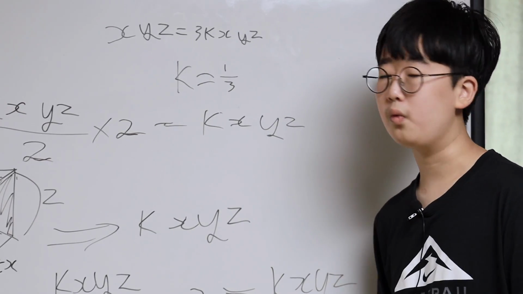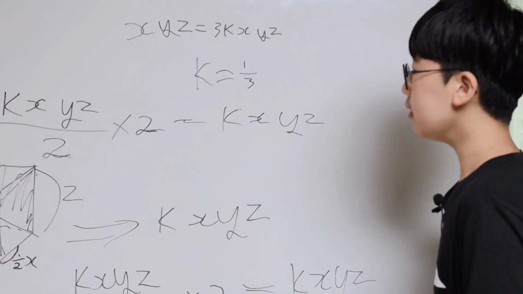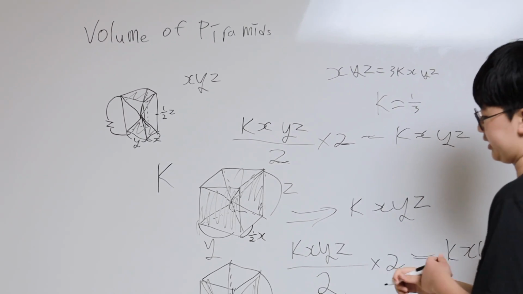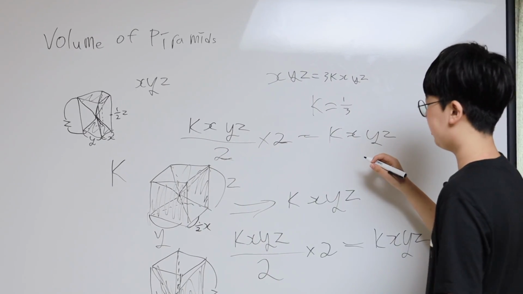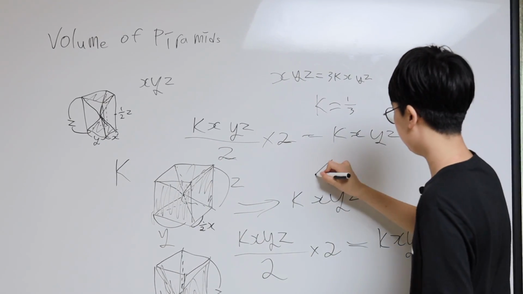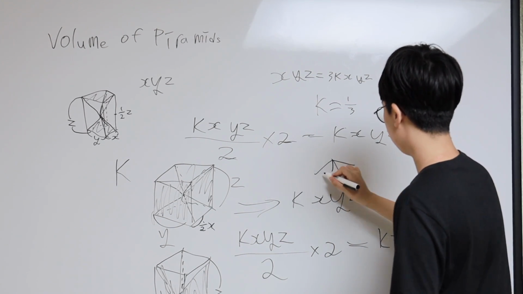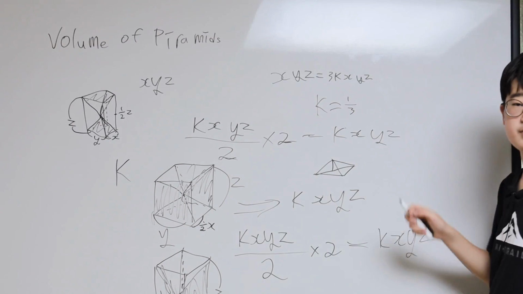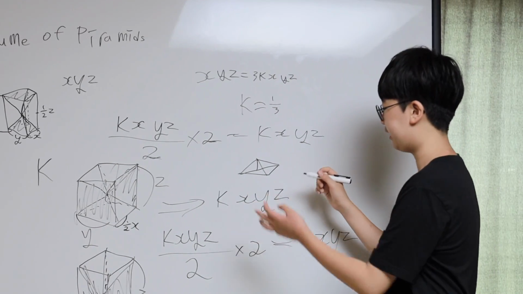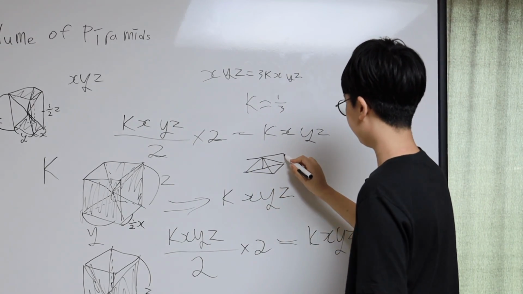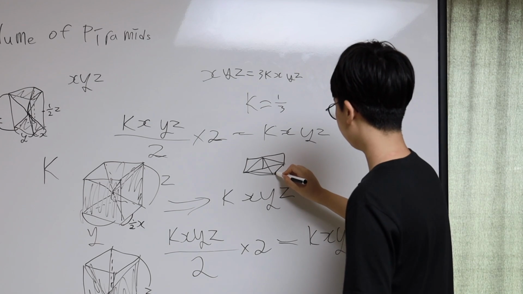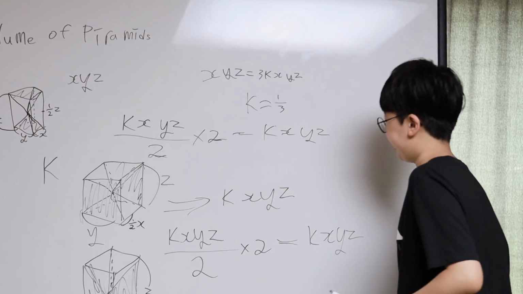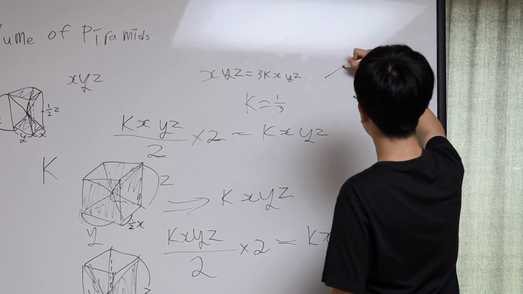And that's why you get volumes of pyramids by doing this. Firstly, let's imagine, it's a very badly drawn pyramid, but anyways, there's a pyramid. Let's try it again over here.